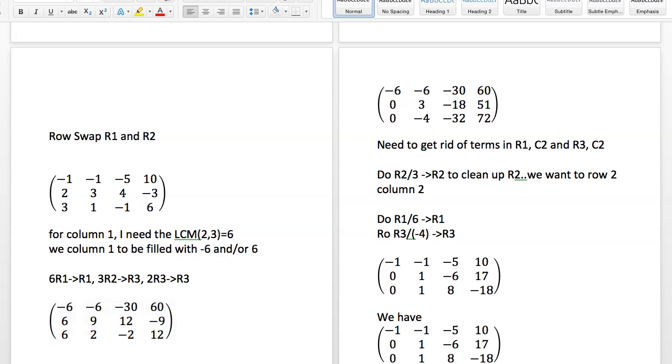Now here's the deal. Remember what I told you: you look at the main 3 by 3, the diagonal that goes with the x's, y's, and z's, without the solution column. Now, I want this neg 6 to laser blast this pos 6 and this pos 6 here.